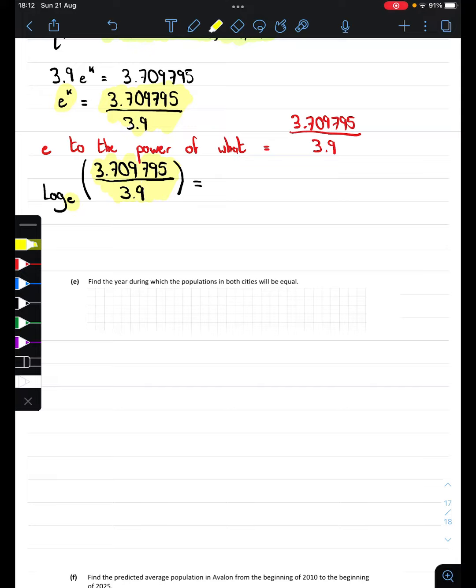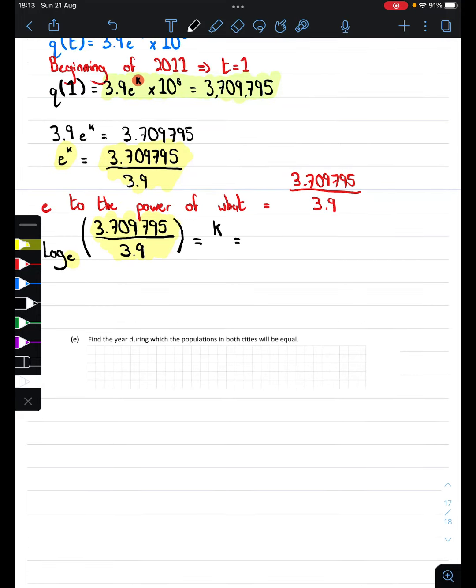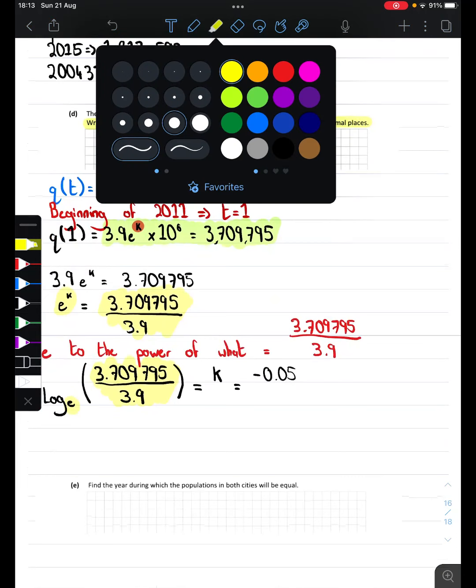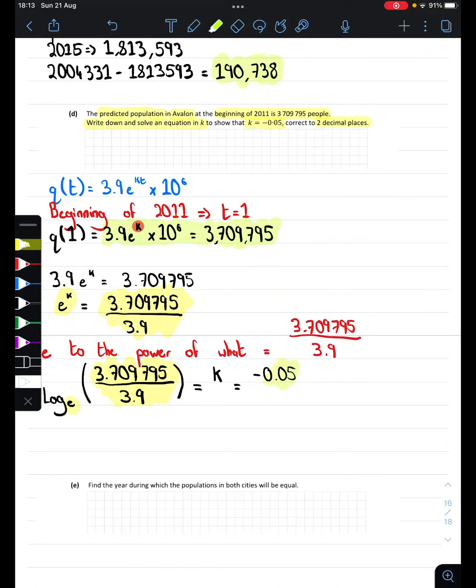That's how the logarithm is defined. So if we rewrite this, we get our k, that's the e to the power of what. And if we put that into a calculator, we get minus 0.05, which we know is what we were looking to get. So we're confident that this is the right answer.